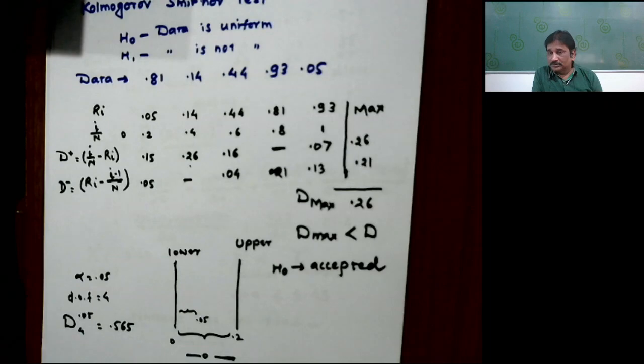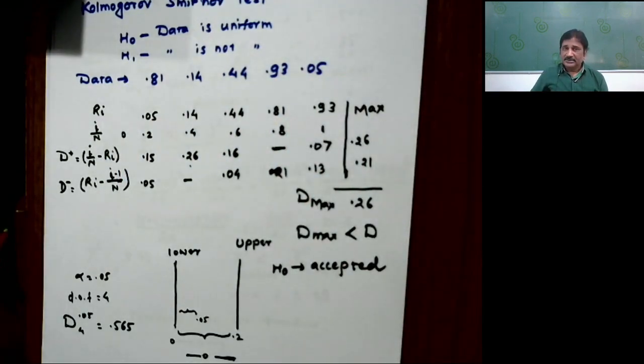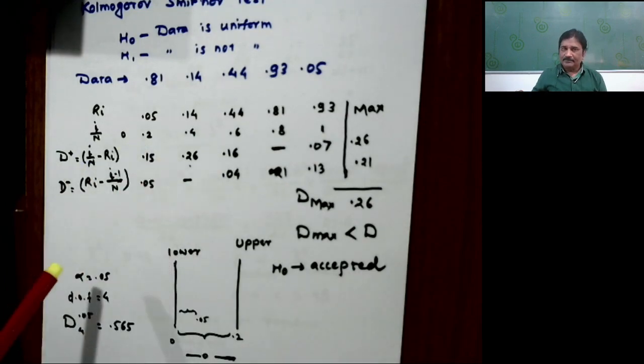Before we go on to the chi-square test, I will just bring to your notice: suppose I would have had all the numbers lie between 0 to 0.2, instead of having this spread of the random numbers. Suppose all the numbers which I would have got lay between 0 to 0.2, and the maximum number would have been 0.2 itself.